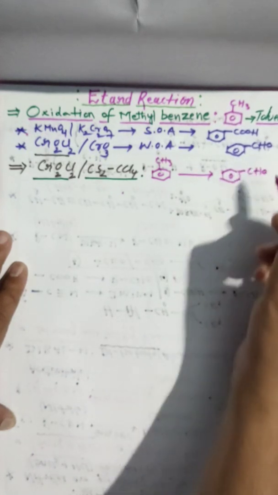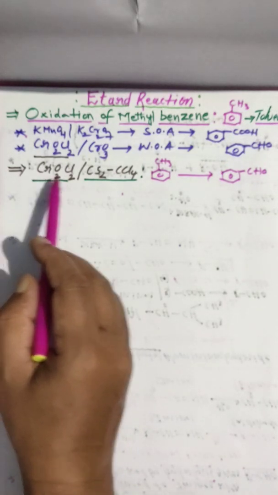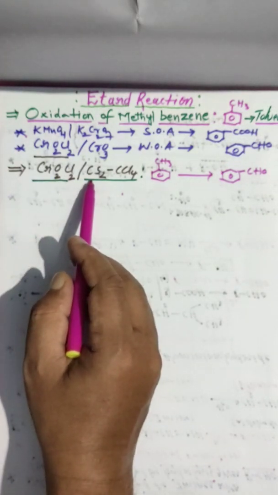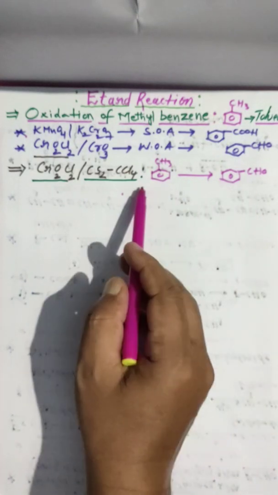This reaction we call the Étard reaction. When methyl benzene is treated with the oxidizing agent chromyl chloride in carbon disulfide, it gives benzaldehyde. This reaction is called the Étard reaction.